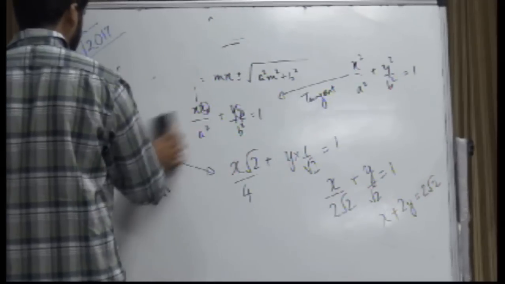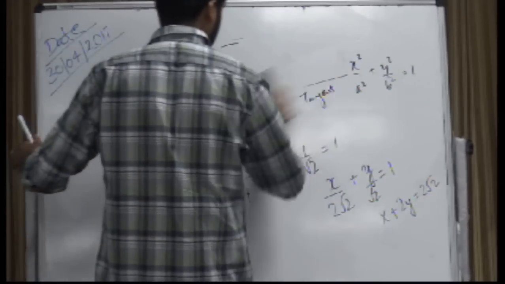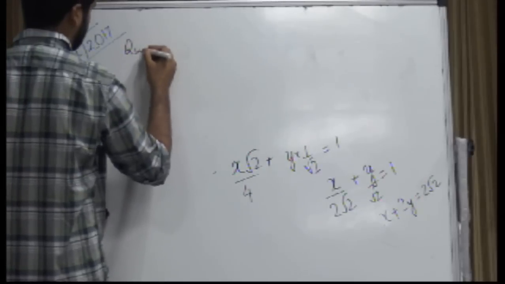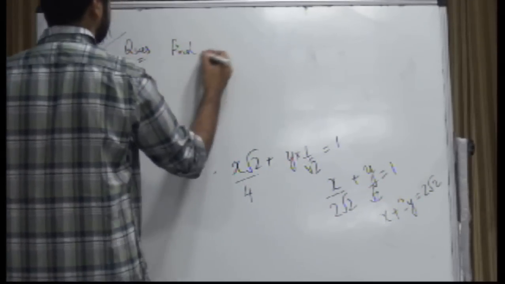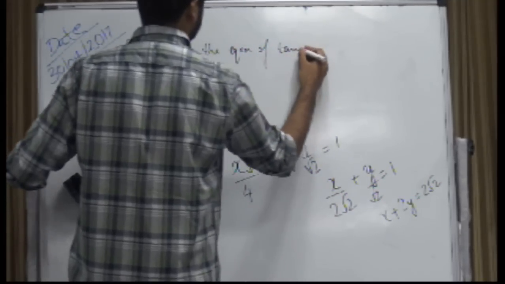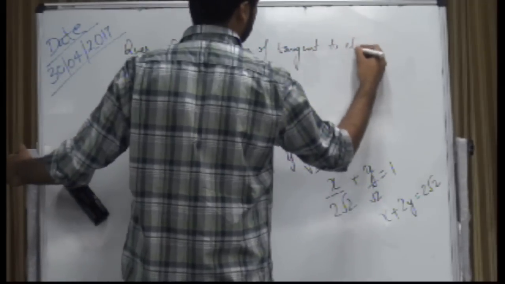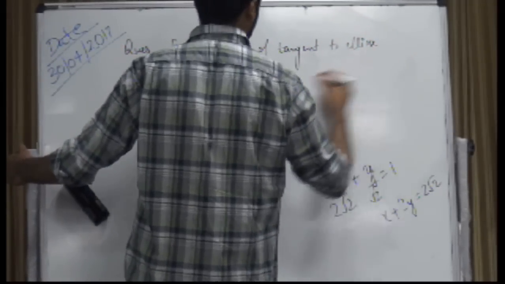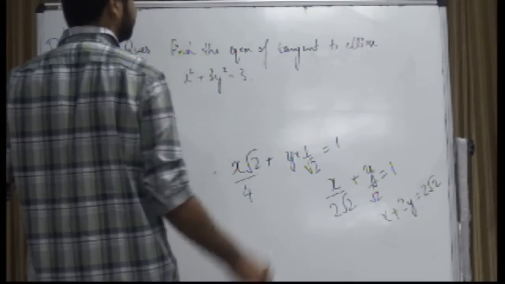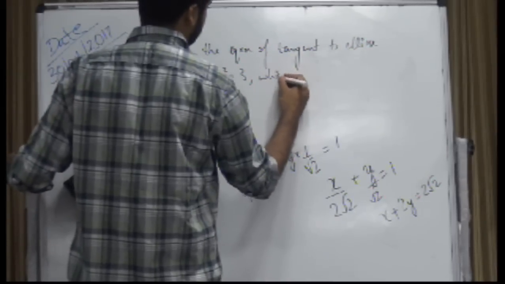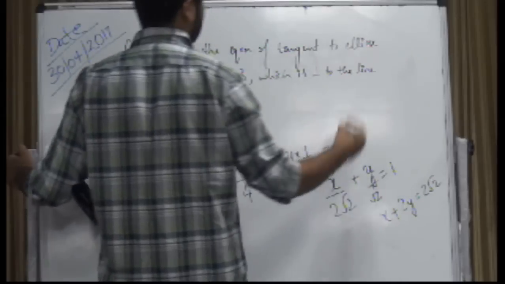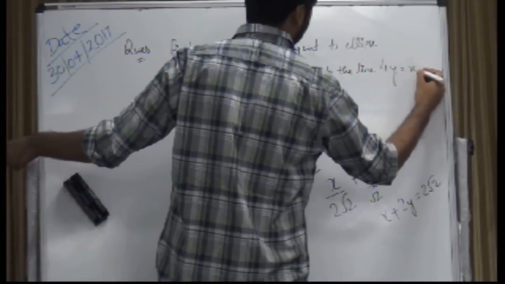Okay. Next question, write down. Find the equation of tangent to the ellipse x square plus 3y square is equal to 3, which is perpendicular to the line 4y is equal to x plus 3.